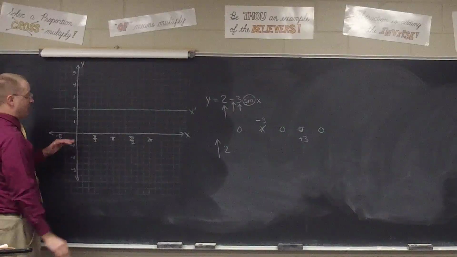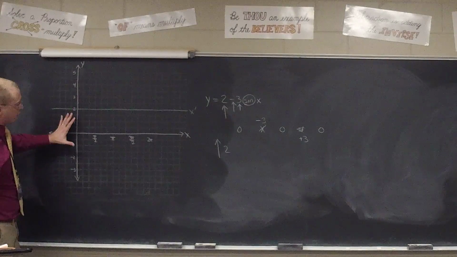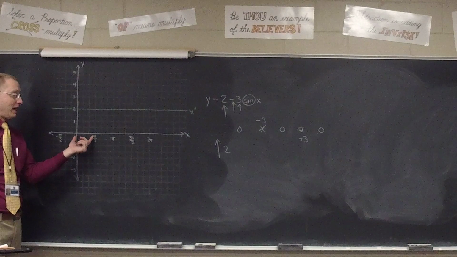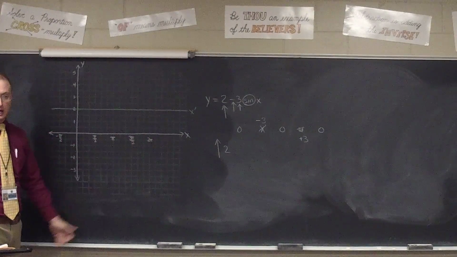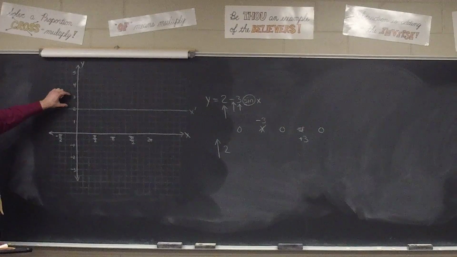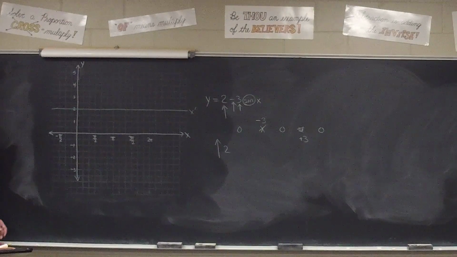I remember, by the way, in setting up your axes, give yourself plenty of room on the positive side. Every 3 boxes is a quadrant. So pi over 2, pi, 3 pi over 2, and 2 pi as you're setting this up. And every 2 boxes is another numeric value, 1, 2, 3, 4, and so forth.